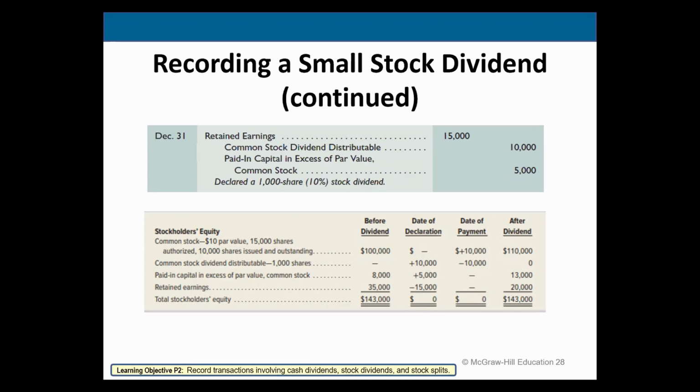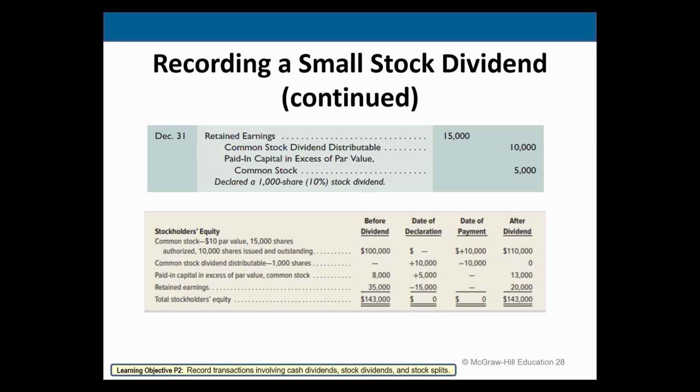The combined effect of these stock dividend entries is to transfer or capitalize 15,000 of retained earnings to paid-in capital accounts using the right side column of Exhibit 13.6. The amount of capitalized retained earnings equals the market value of the 1,000 issued shares, $15 by 1,000 shares.